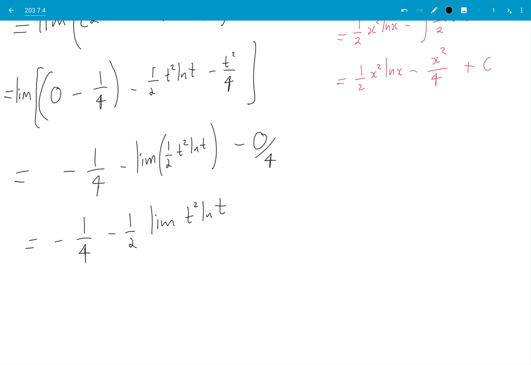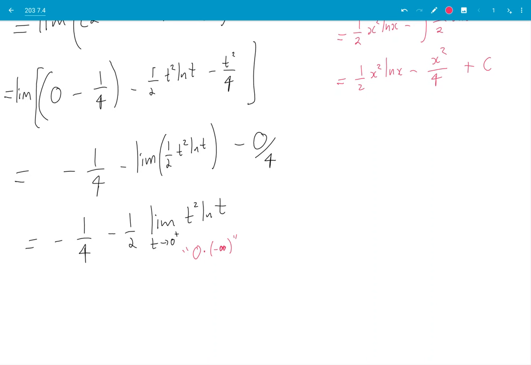So careful, careful, careful. What is strange here? Well, what you have is that the t squared is going to 0, but then the ln t is going to minus infinity.